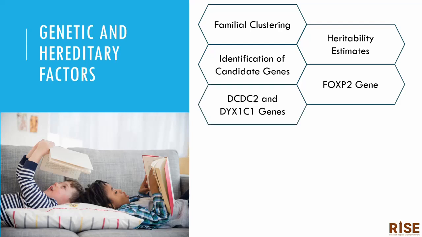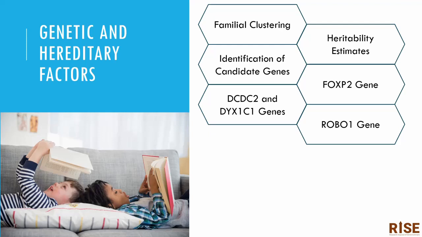DCDC2 and DYX1C1 genes. Variants of the DCDC2 and DYX1C1 genes have been linked to dyslexia. These genes are involved in neuronal migration and the development of brain structures critical for reading, such as the left temporoparietal cortex.